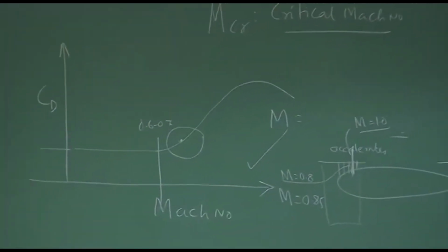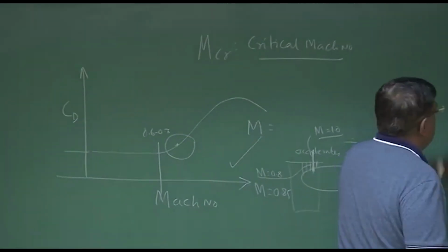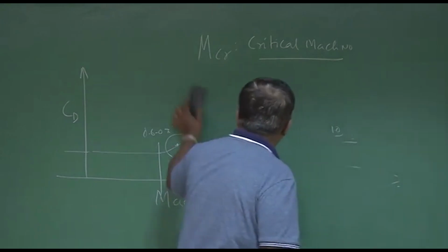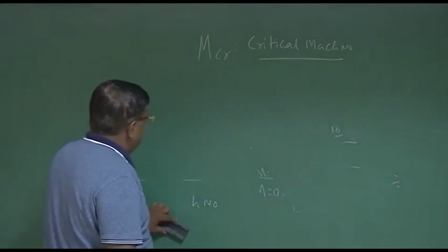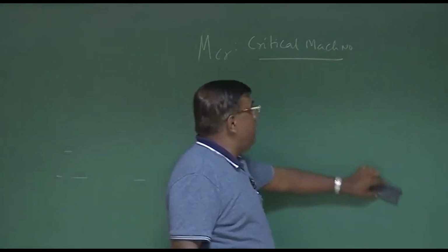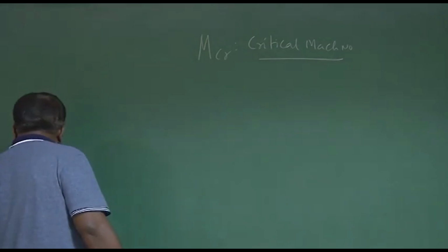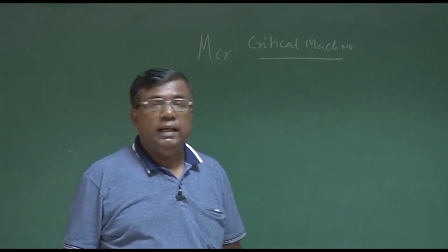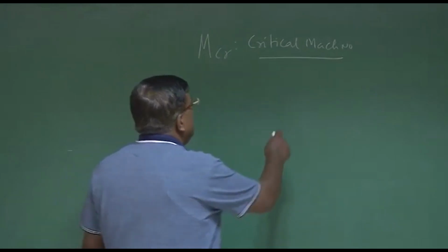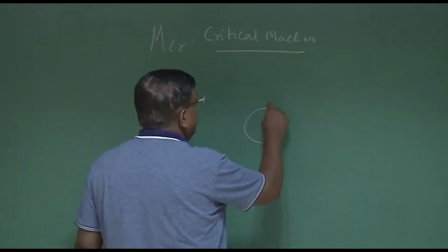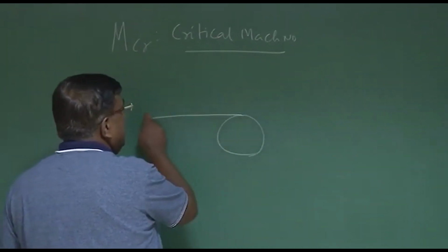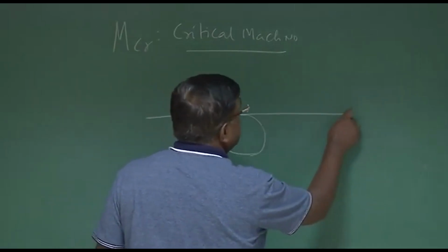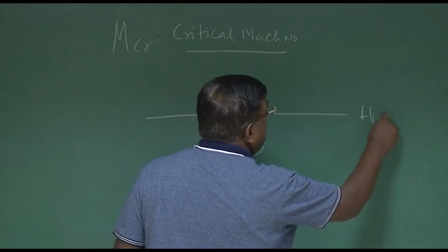In the design of wing and its layout, you will also see a few configurations which may draw your attention, which should at least help you ask a question why this wing is like this. For example, if this is the fuselage, I can have a wing which is like this, which is called high wing.